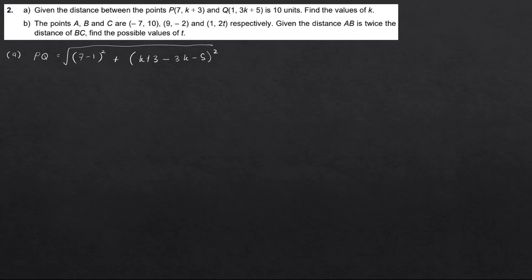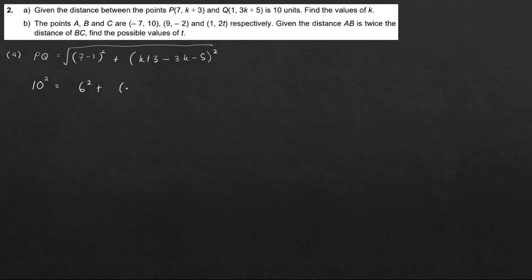And it is said that the distance is 10 units. So here we already know the answer, the answer is 10 units. I bring the square root to this side, squared. So 7 minus 1 is 6, squared. And then let's simplify k plus 3 minus 3k minus 5.